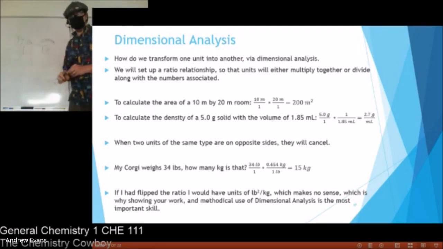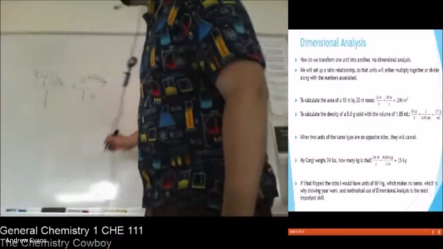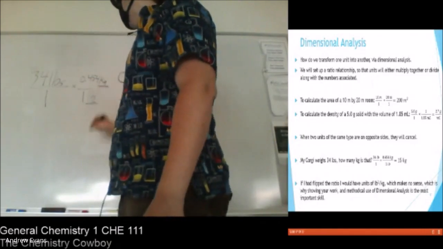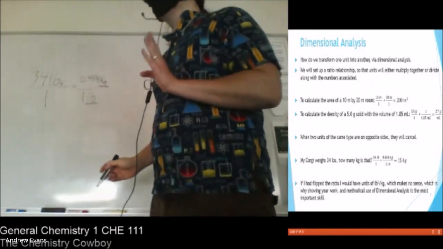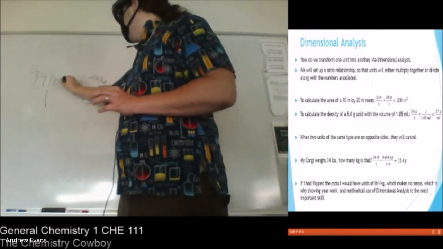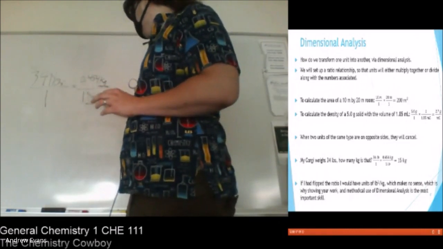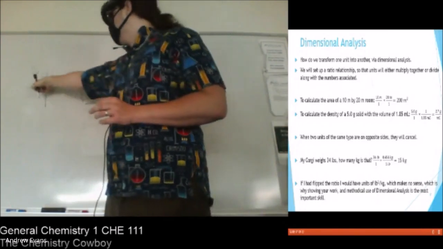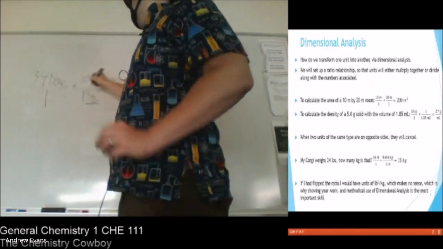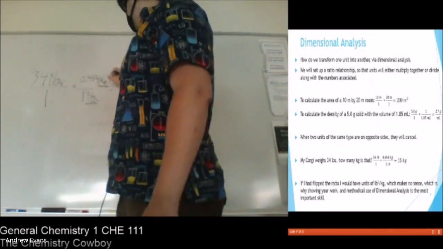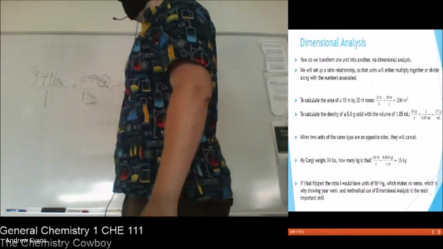So note, I set this up with pounds on bottom, kilograms on top. Why? Because there's a pound here, it will cancel with a pound here. And that leaves us with the answer of, you do the math, 34 times 0.454 is equal to 15. And since kilograms is the only unit left, 15 kilograms.